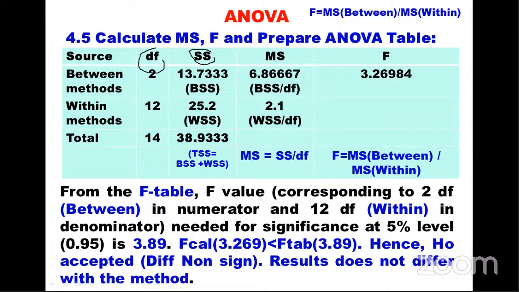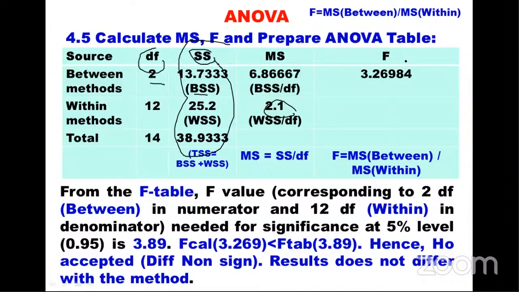So this is our calculation part, the second column of the results. Then the mean square: BSS divided by BDF, 13.73 divided by 2 comes to 6.86. Similarly, 25.2 divided by 12 comes to 2.1.